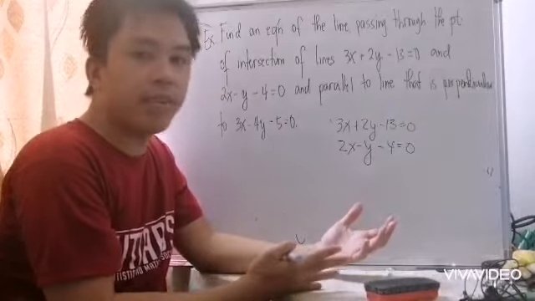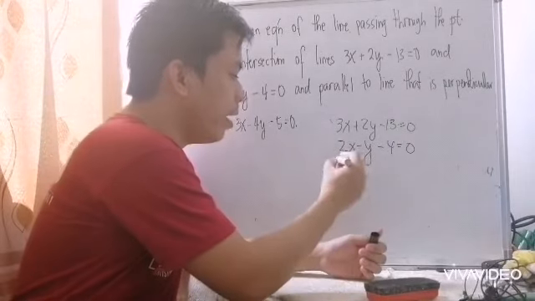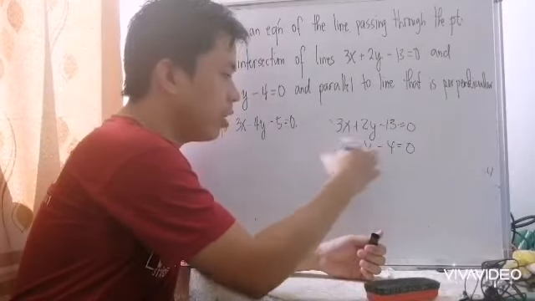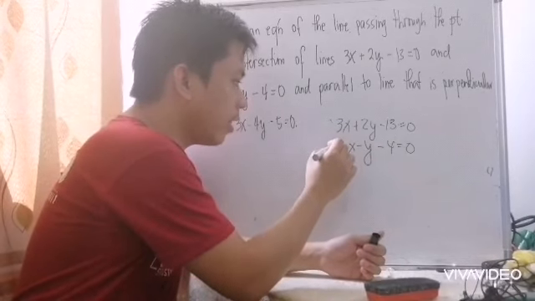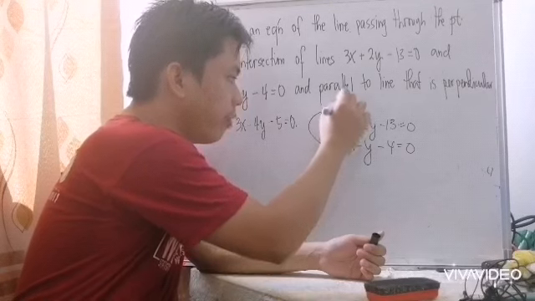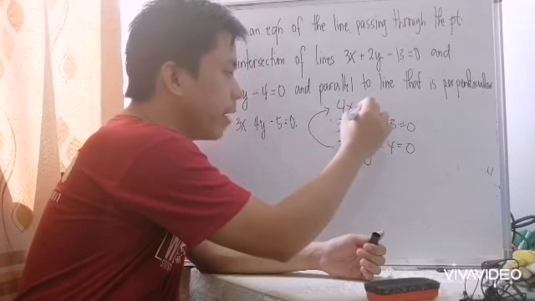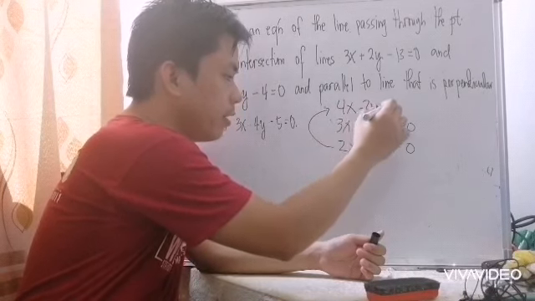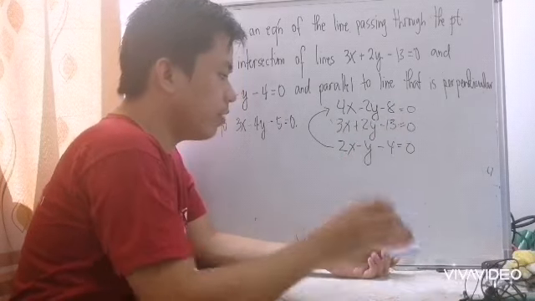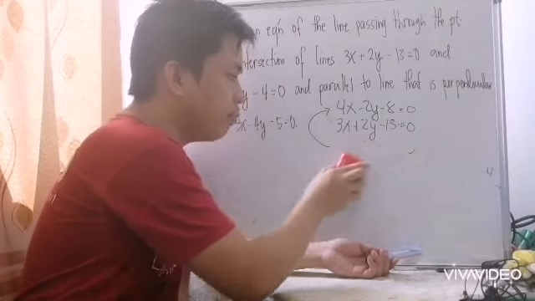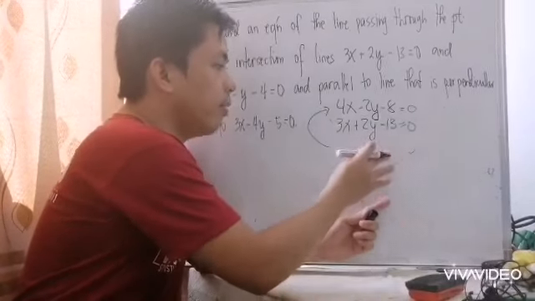So we can solve this using elimination method. I can multiply this equation here by 2 on both sides. So I shall get 4x minus 2y minus 8 equals 0.